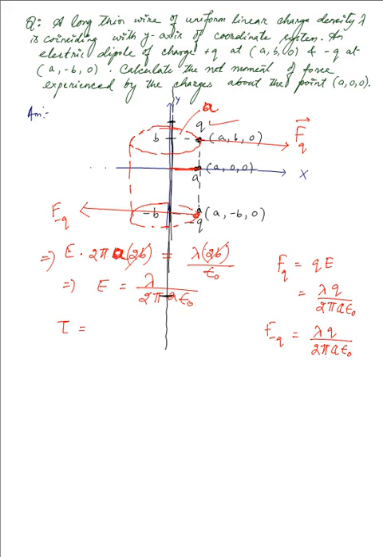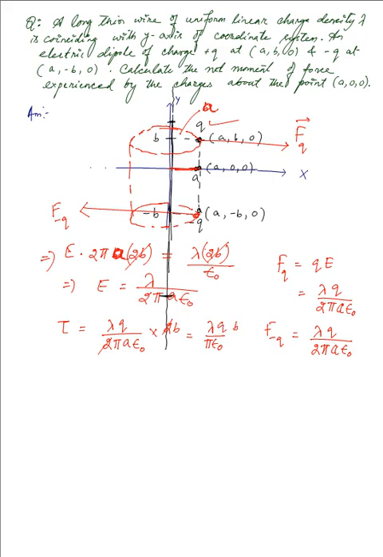So that's going to be equal to lambda q over 2 pi a epsilon naught, either of the force, multiplied with the perpendicular distance separating the two forces, 2b. So the 2's get cancelled out. We have lambda over pi epsilon naught times q b over a.